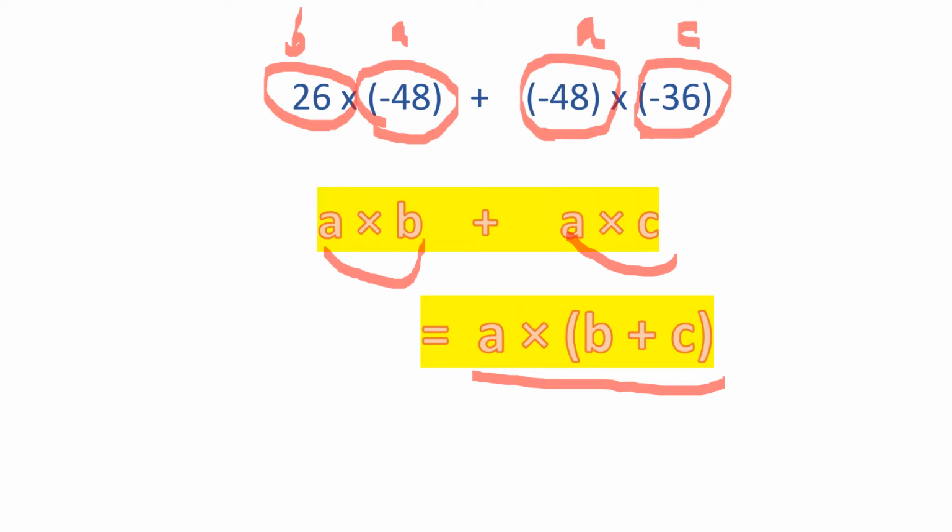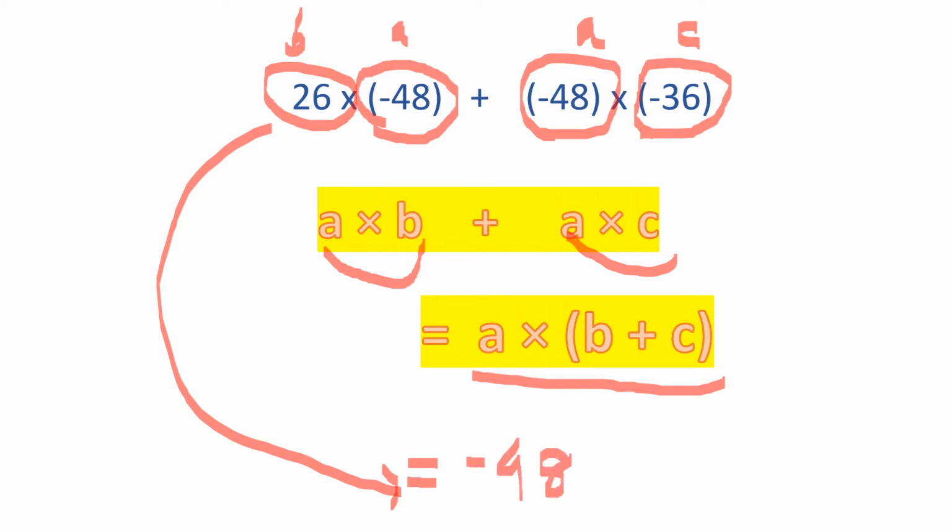So using the formula, the question will become: A will become minus 48, so A is minus 48, into B plus C. B is 26, plus C. What is C?